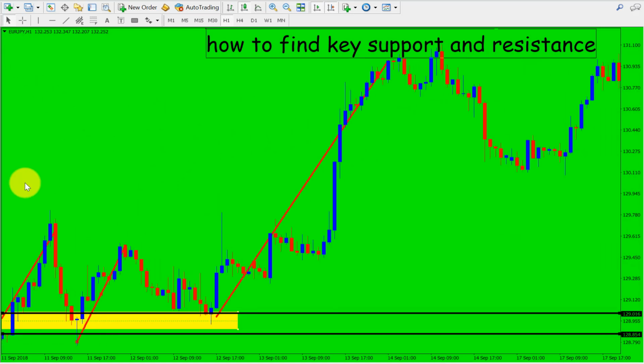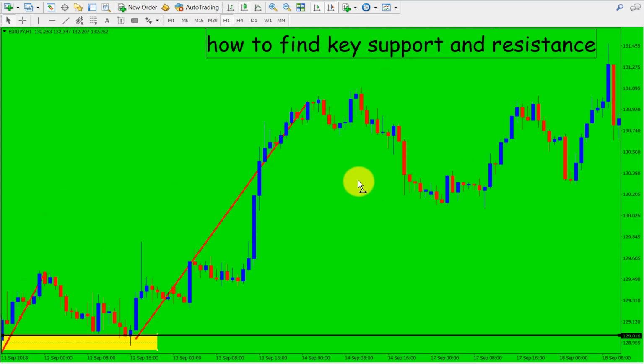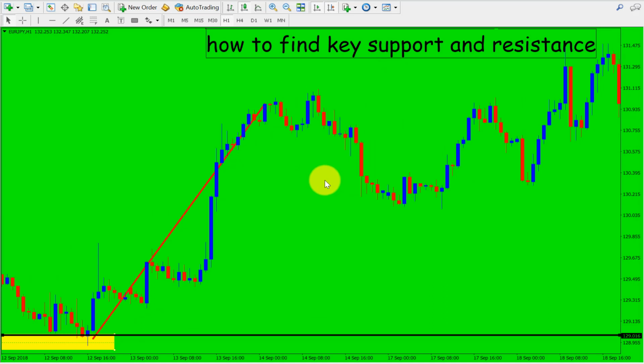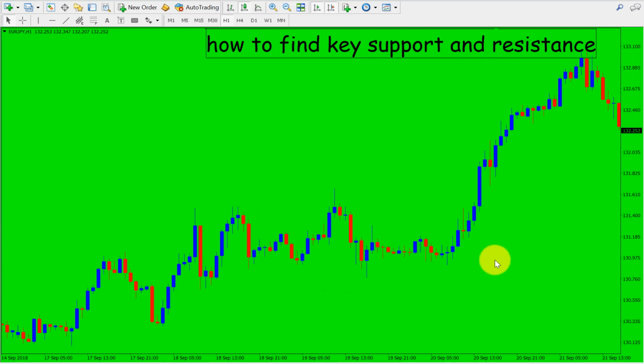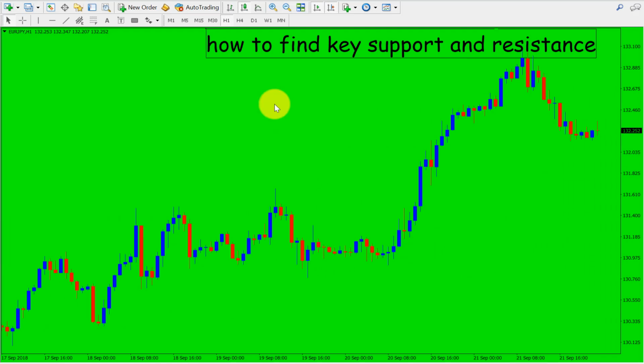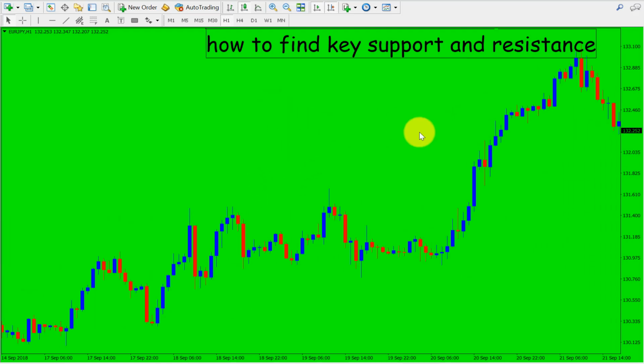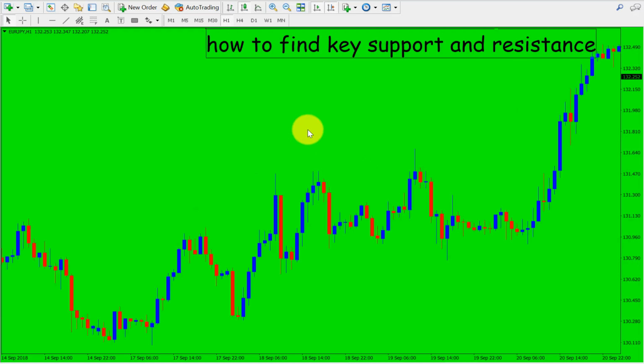So if we learn how to find our key support and resistance zones, then we can easily make some good profit by marking our zones, because we can easily say that price turns from those support and resistance zones, and then price comes or goes again like this way.